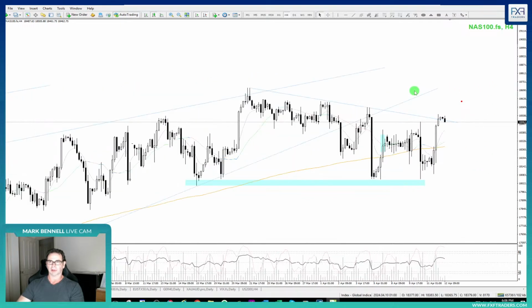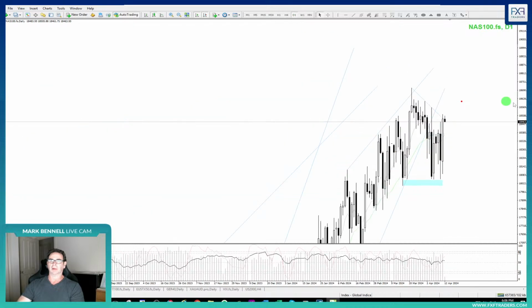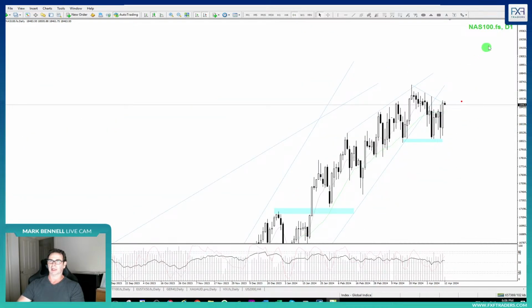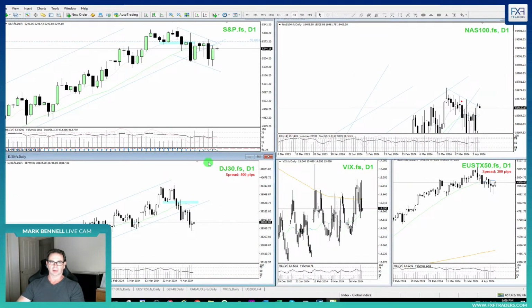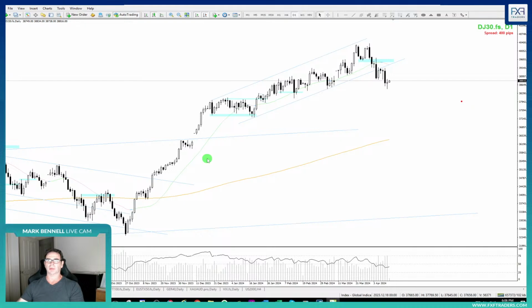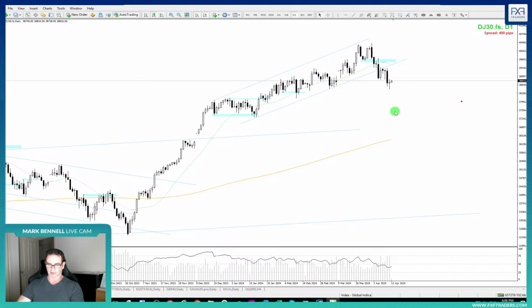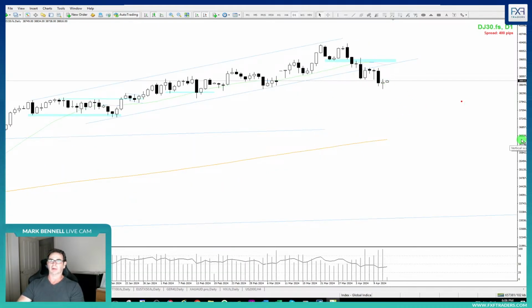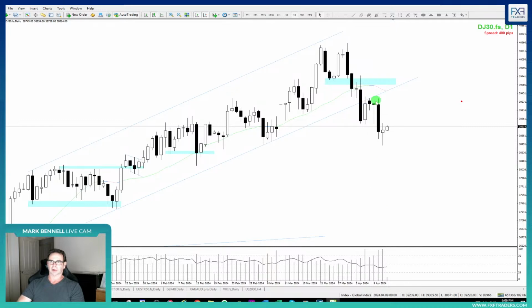It'll be interesting to see what plays out. Same again, look, we've got the cradle pattern there. Let's see what plays out on that one. And the Dow Jones, the 30 biggest stocks, just really didn't do anything. It's just pausing here in a downtrending environment, so I'd expect a little bit of a pullback in here.